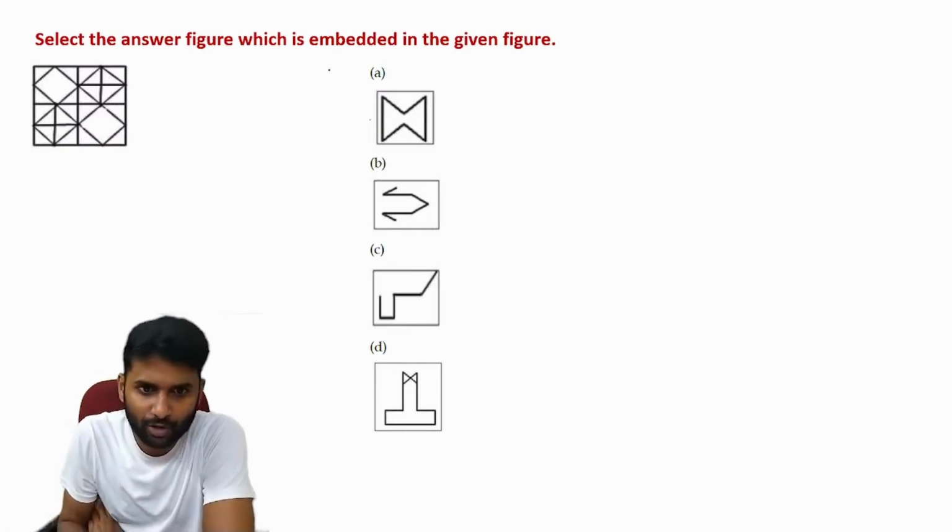Where can you see the shape? One of the shapes you can see in this picture. So which shape will you get?